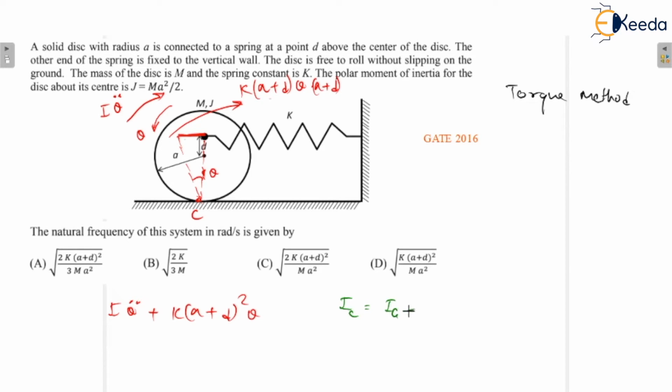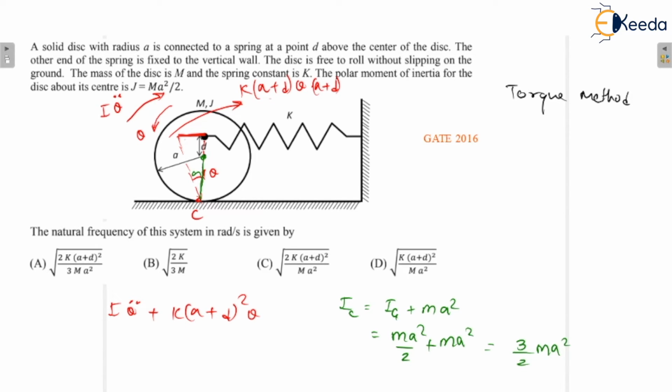So it would be Ig plus m times this distance, which is a, so ma square. And Ig is what? Ma square by 2 is already given. Ma square by 2 plus ma square becomes 3 by 2 ma square.